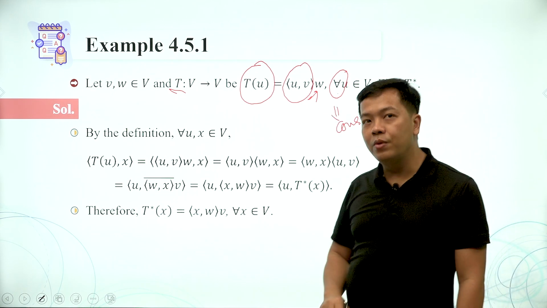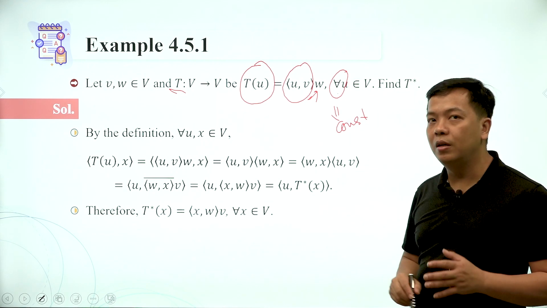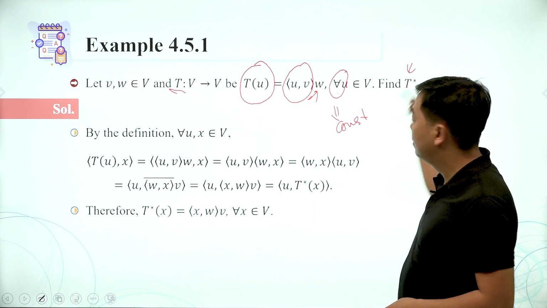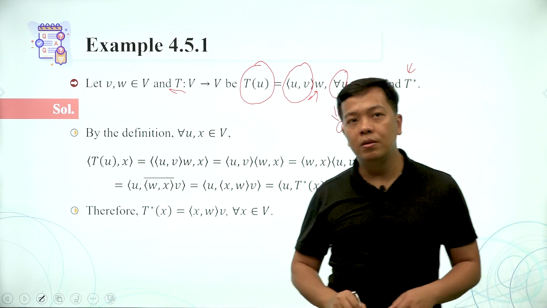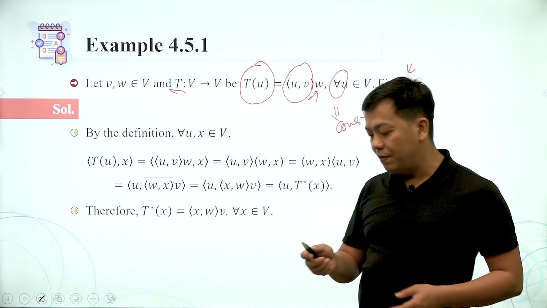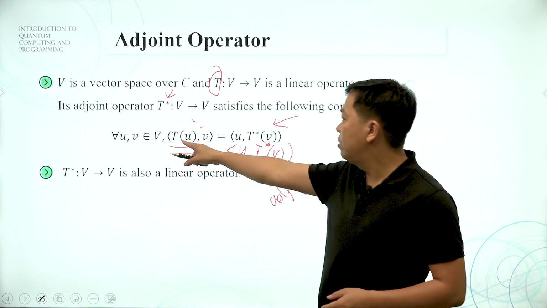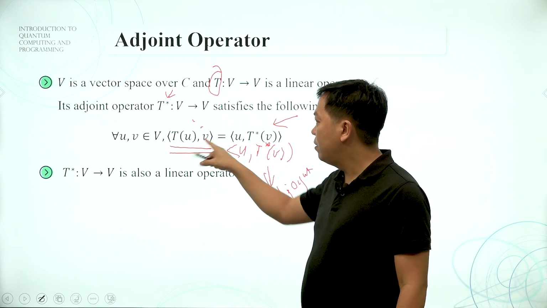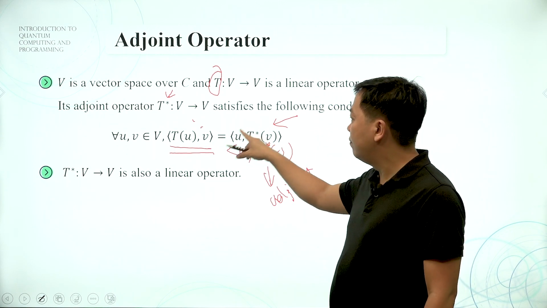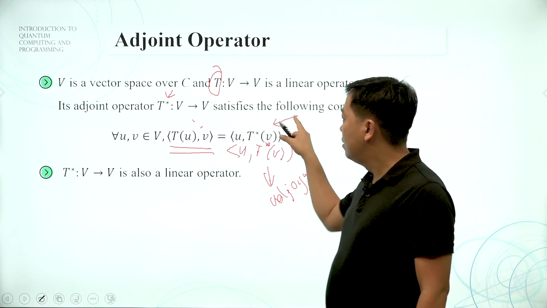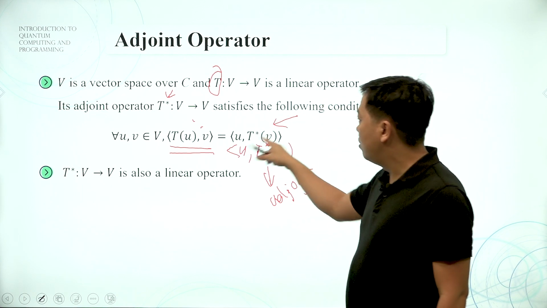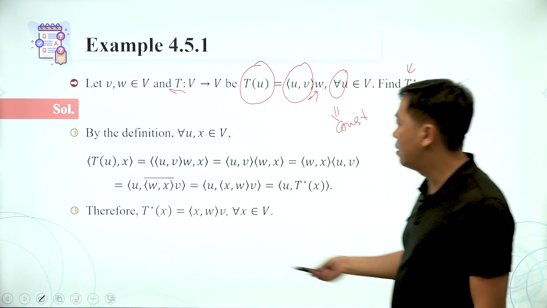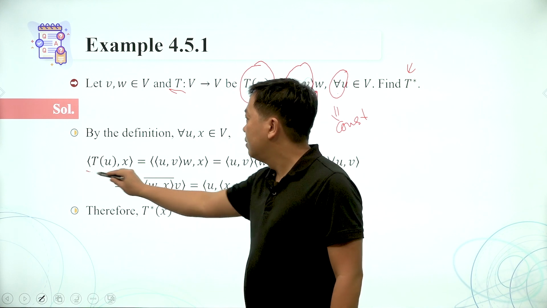Now we can see what the adjoint operator is. Following our previous definition, we calculate the inner product of the linear operator applied to the vector with the next vector. If you follow this formula, you can see it.